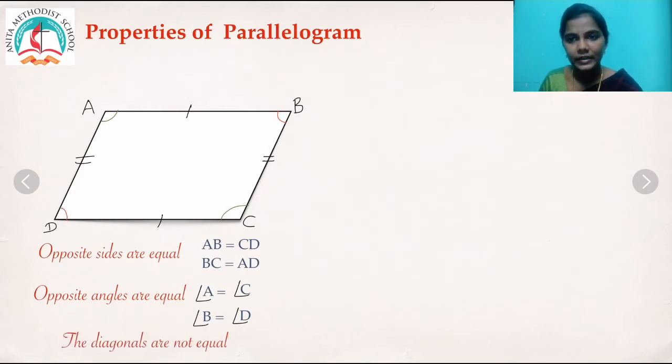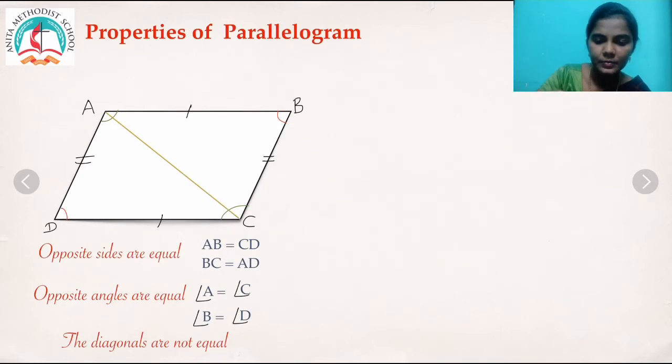In square and rectangle we learnt the diagonals are equal, but in parallelogram the diagonals are not equal. The diagonal from A to C is not equal to the diagonal from D to B.